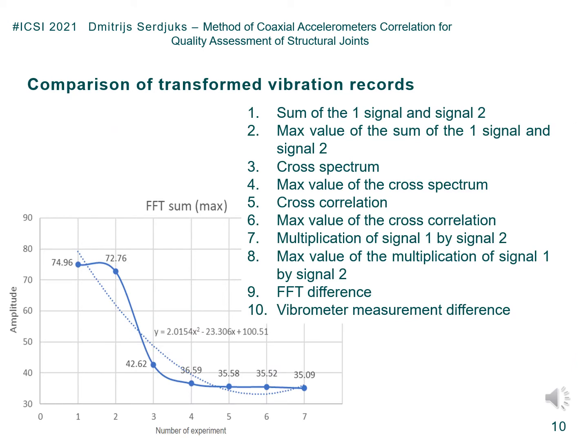Comparison of the transformed vibration records obtained by both 3D accelerometers was carried out using all the methods shown on the slide. The best results are shown by the peaks analysis of the signal sum, whose graph is shown on the figure for the single measurements.